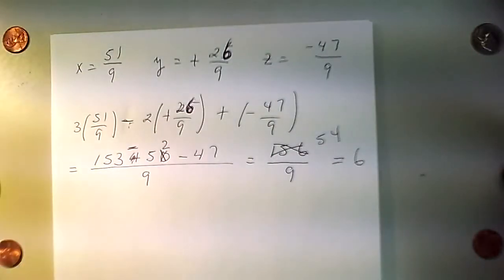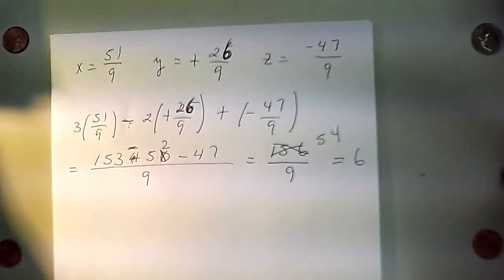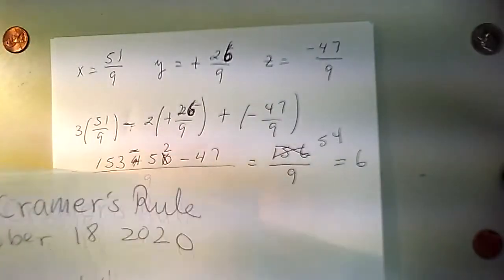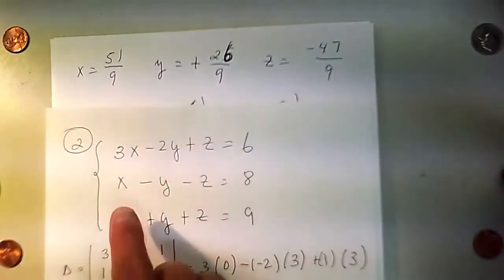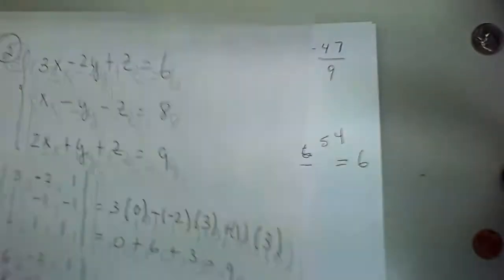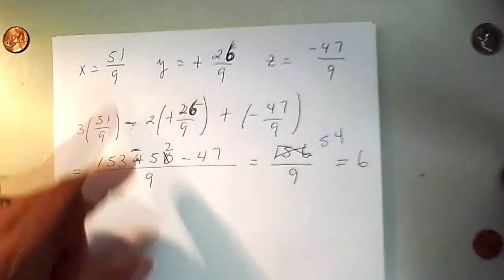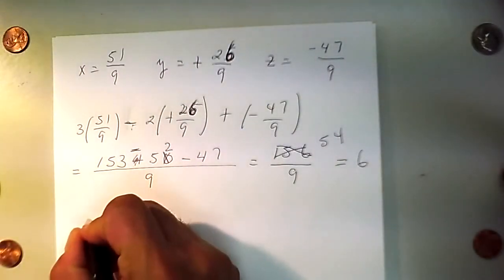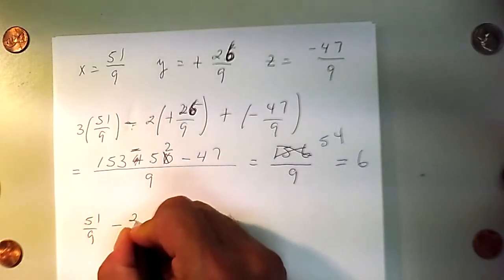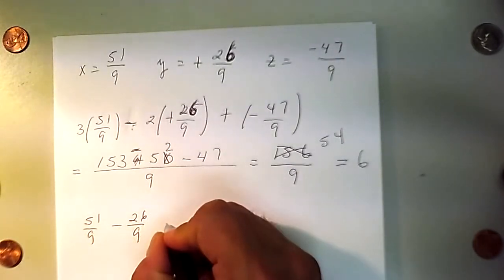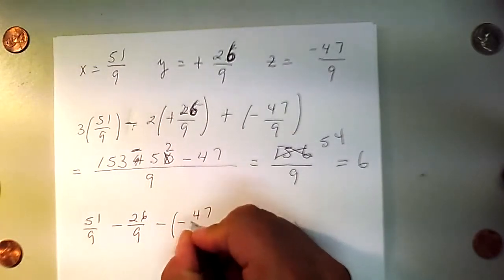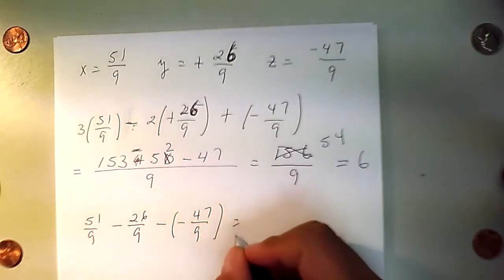at least for me. So now let's move on to the second equation. The second equation is the first minus the second minus the third. Okay, so 51 over 9 minus 26 over 9 minus negative 47 over 9.